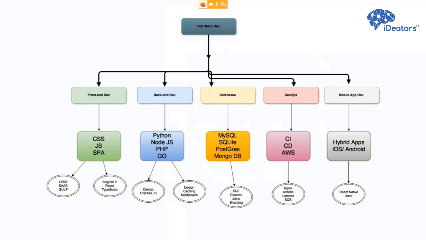Then you'll have a server side developer who will process the request, interface with the database, and build the response and give it to the user. And then you have a database developer who will write your data store tables, stored procedures and queries, with which the backend developers will interface.